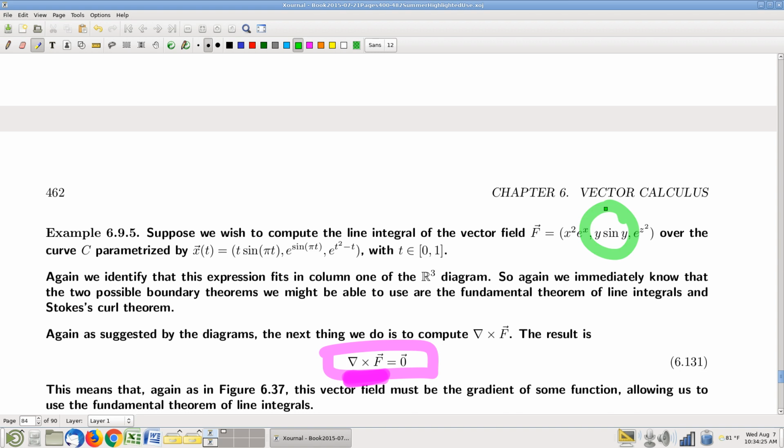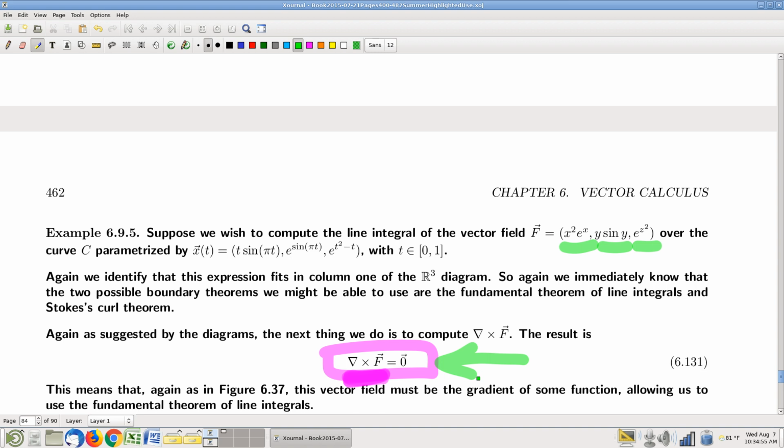Likewise, this second component, you're eventually going to be taking x partials or z partials, but this has only y's. Therefore, no x's and no z's. Right? And then lastly, this is all z's. So no x's and no y's. So the fact that this is all x's, comma, all y's, comma, all z's makes this an immediate result. The curl is a bunch of partial derivatives that are all obviously zero.